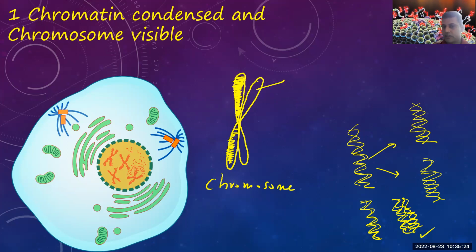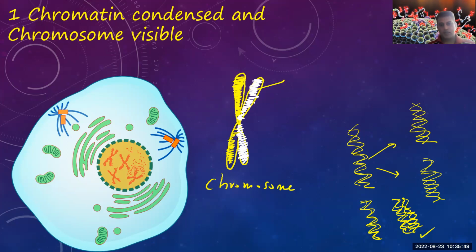And here, the new DNA molecule, the copied one, I can show in white color, this one. It's an exact copy. And again, it is compressed with the histone proteins so that it's visible, right?